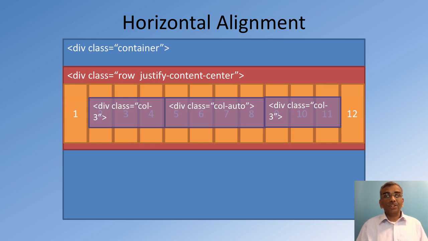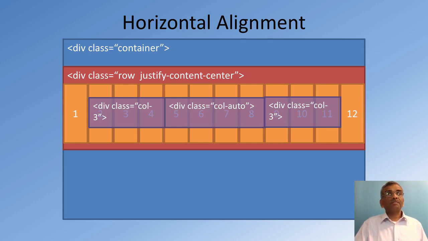In this particular layout, that particular content is being accommodated within 4 columns. So now you have 4 columns being used by the center div, 3 columns by the left, and 3 columns by the right. So sum total, you have 10 columns, and 2 columns are left empty.